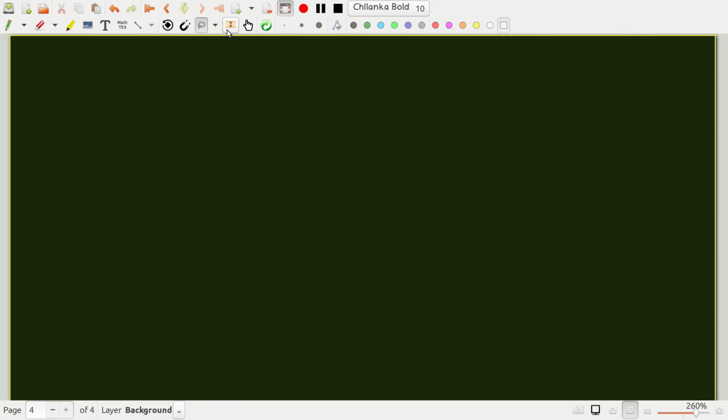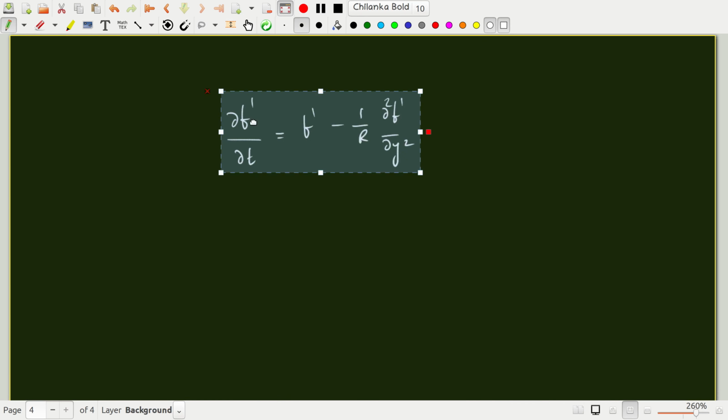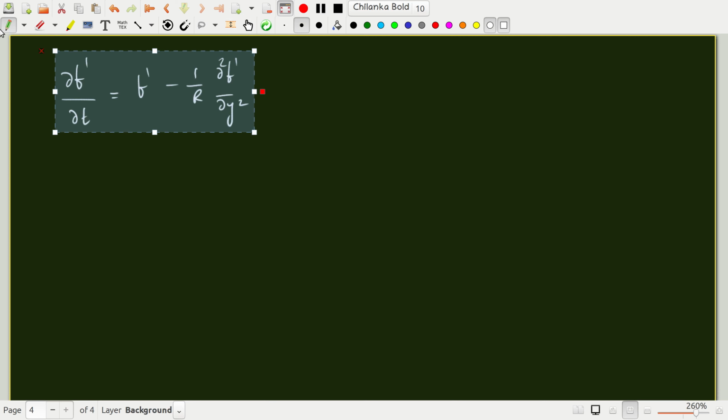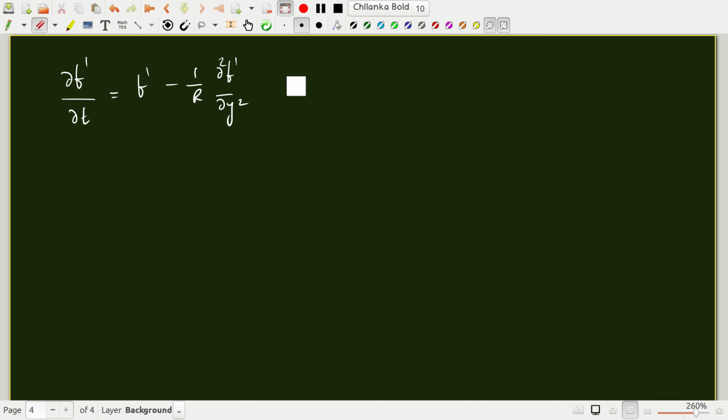Let me take a new page. So this is the equation we are interested in solving, subject to boundary conditions that f prime of 0 is 0, f prime of 1 is 0.